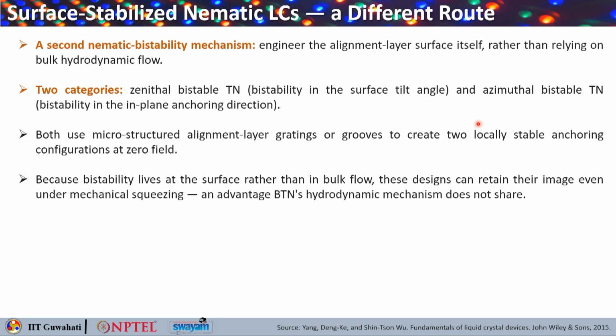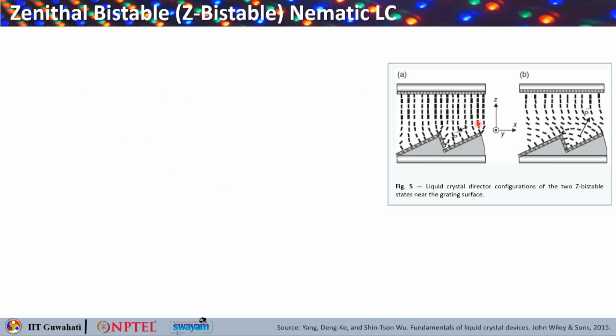Now because bistability lives at the surface rather than in the bulk flow, these designs can retain their image even under mechanical squeezing, and this is an advantage BTN's hydrodynamic mechanism does not share.